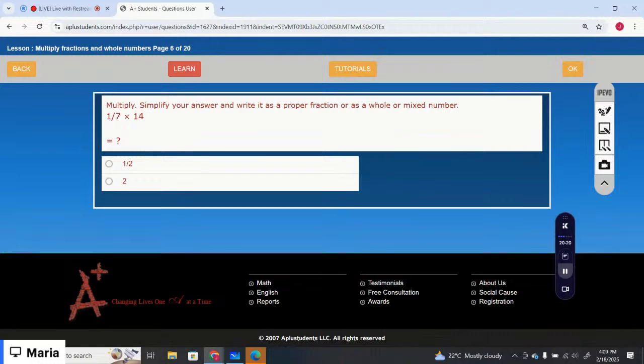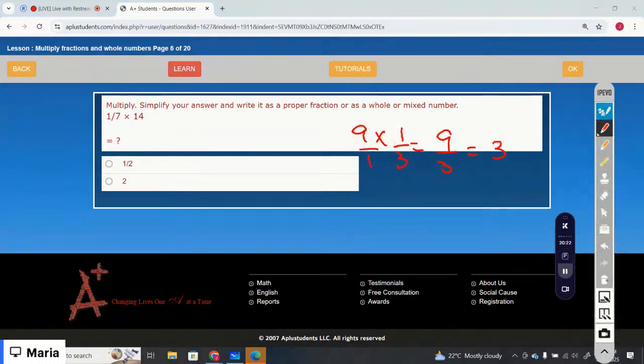14 times 1 over 7. So you have to do 1 by 7 times 14. So 14 times 1 is 14 and 7 times 1 is 7. Seven times 2 is 14. So the correct option is 2.